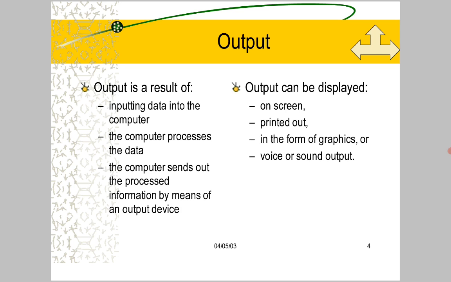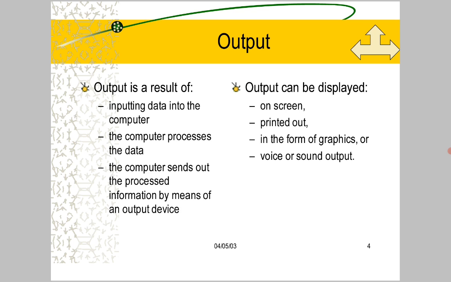So what is the output? Inputting means entering some data or information into the computer, and the computer will process the data. The computer sends out the processed data or information to the output devices for displaying or viewing the output.